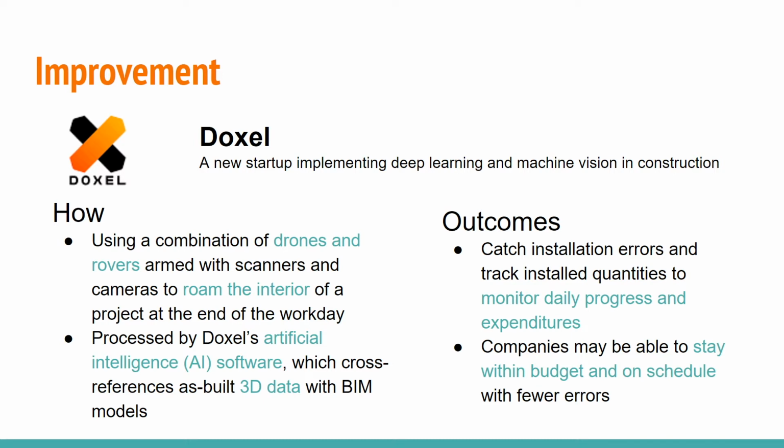A new startup company called Doxel, using a combination of drones and rovers to run the interior of a project, processed by Doxel's artificial intelligence software, which cross-references as-built 3D data with BIM models, so it can monitor daily progress and expenditures and stay within budget and on schedule.